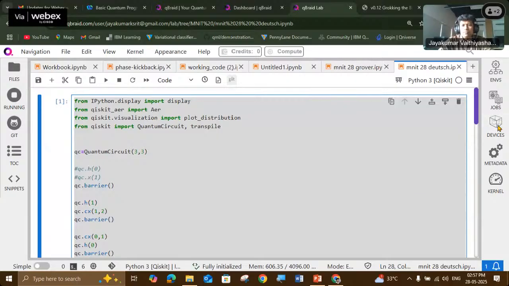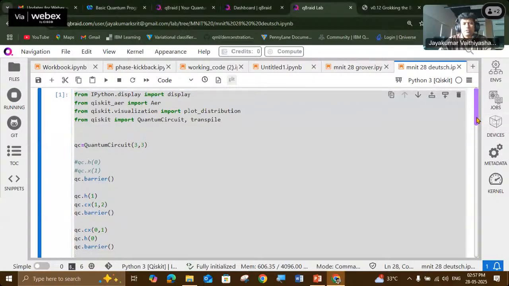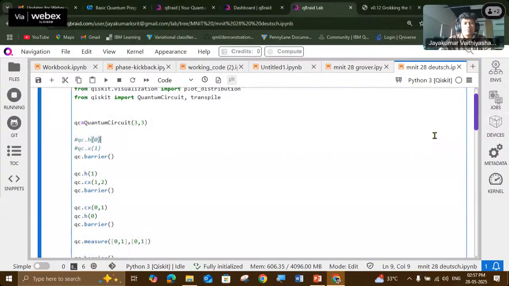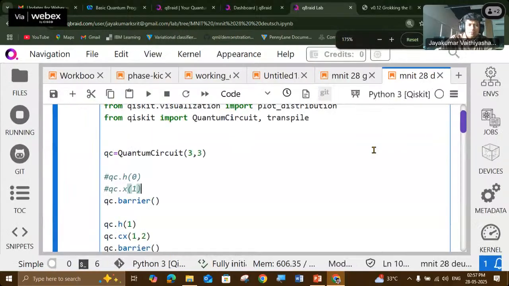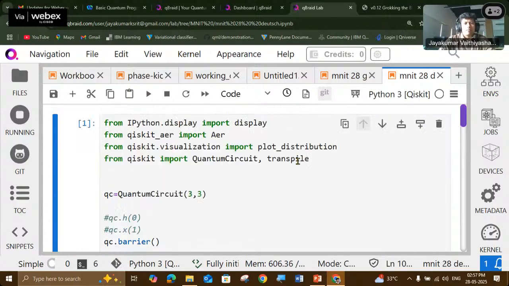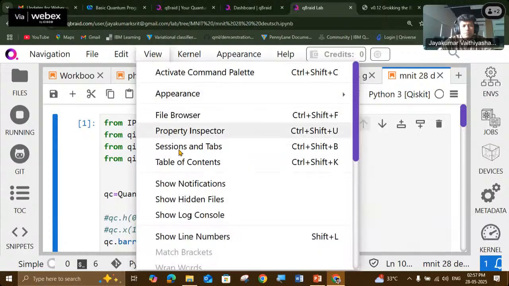So copy this code and try to execute. I try to zoom this code as well as put in line numbers.